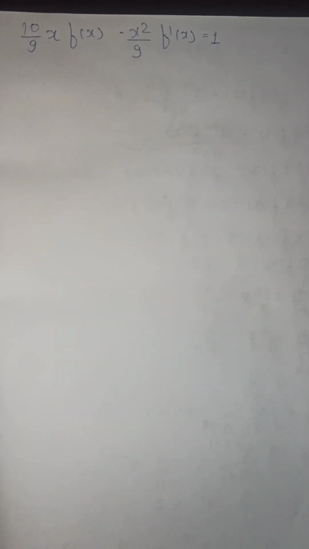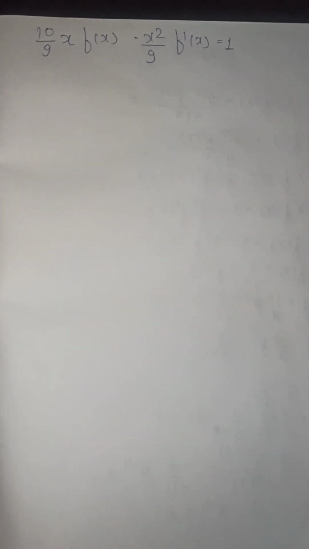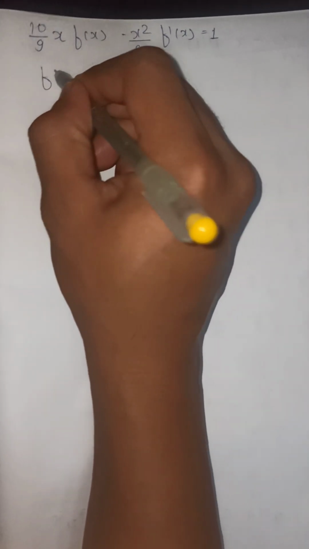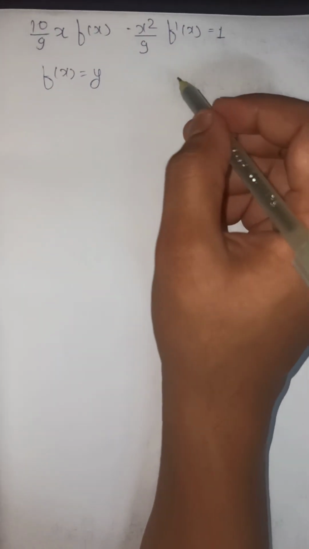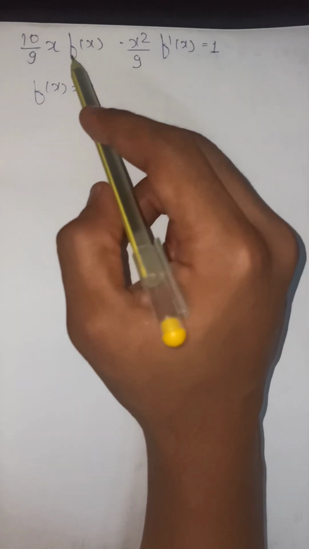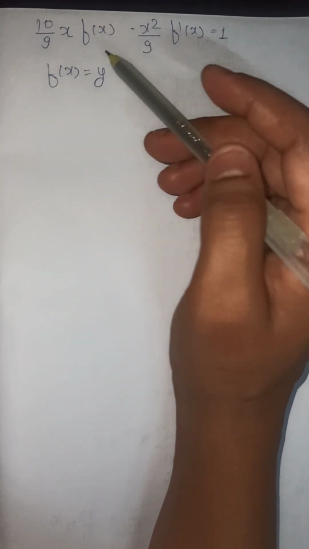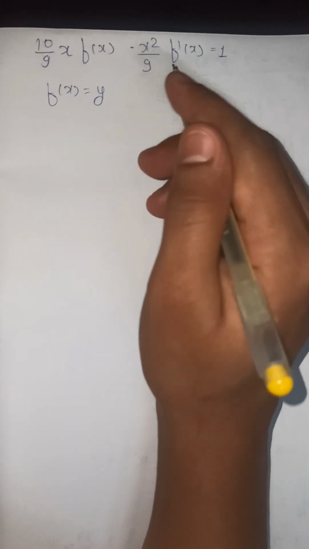Okay, so now to proceed further and keep things simple, you may just take f of x to be y. Because f of x is nothing but a function of x, we may just treat it as a variable y that depends upon x.